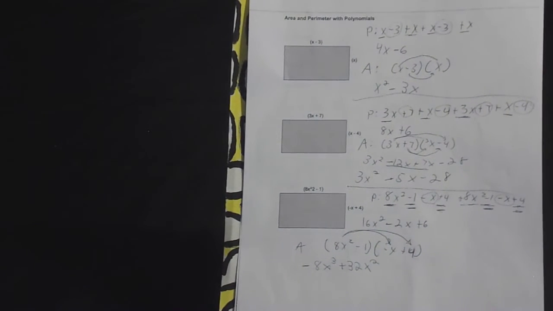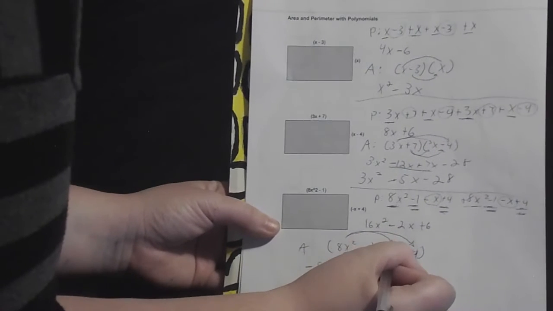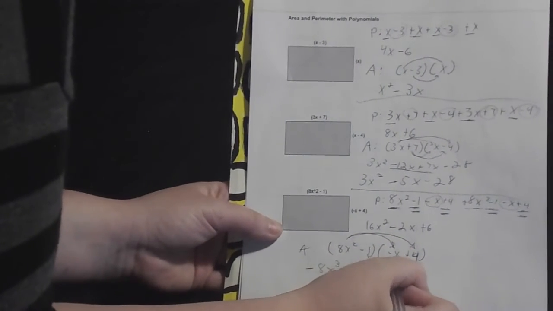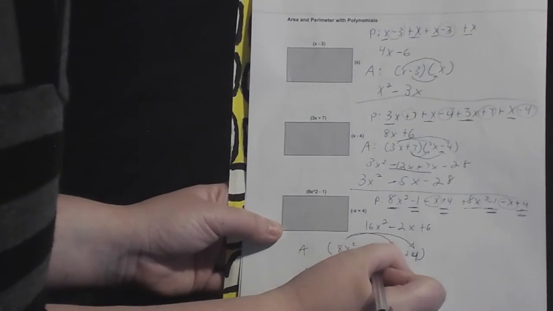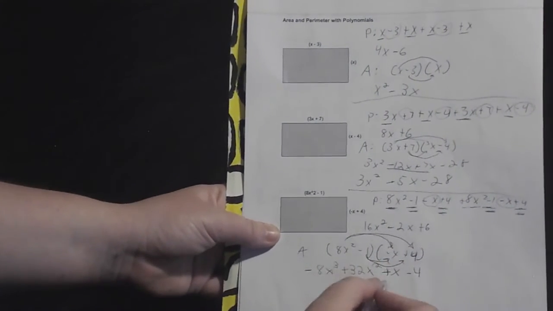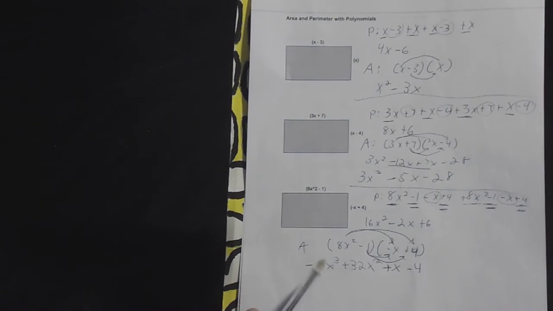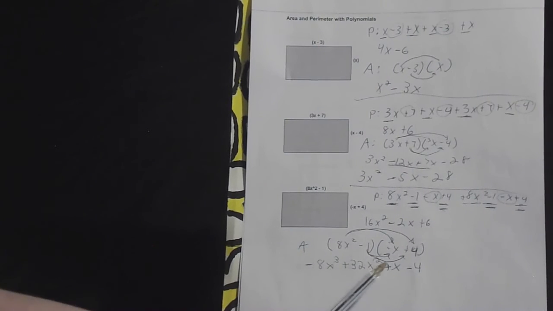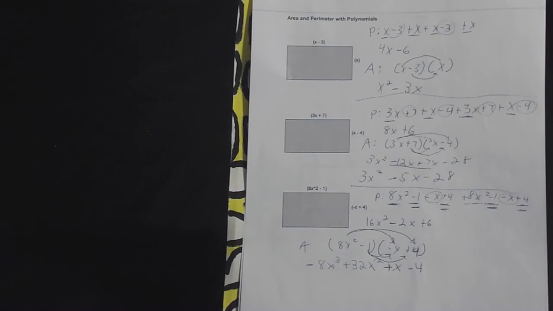Okay? And then I have to take the negative 1 times the negative x, which becomes a positive x. And then negative 1 times the 4 is negative 4. I can combine like terms if I have any, but I don't, because these are x cubes, those are x squareds, those are x's, and those are 4's. So I am done.